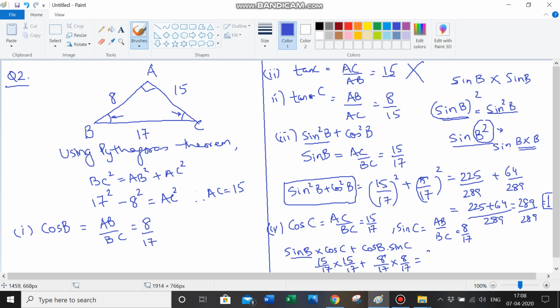So this is equal to 225 upon 289 plus 64 upon 289. Again, this is equal to 289 upon 289, which is equal to 1.